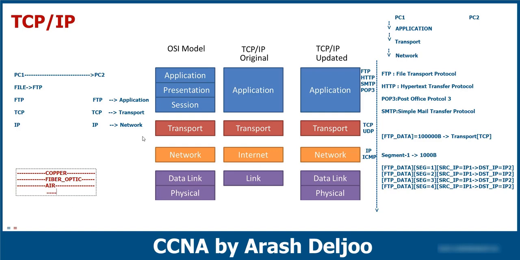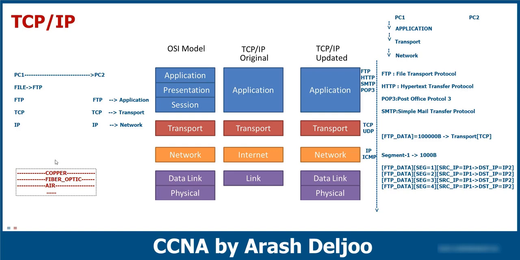You know that here we have data that we need to forward to the destination. This data has a source IP and a destination IP, but according to the physical line that we are using, we need to make this data ready a little differently, because for copper you need a different technology for forwarding.